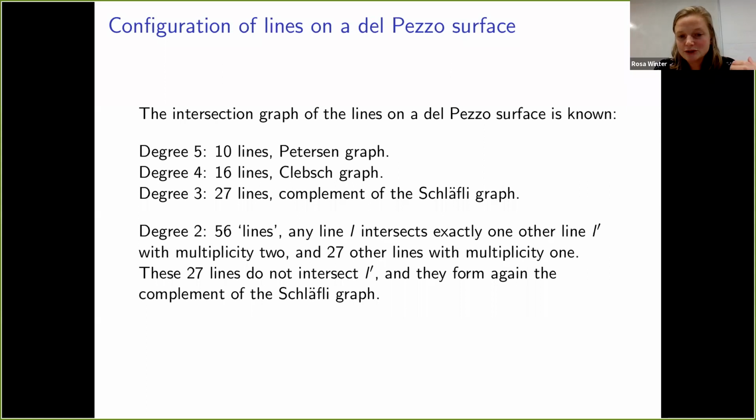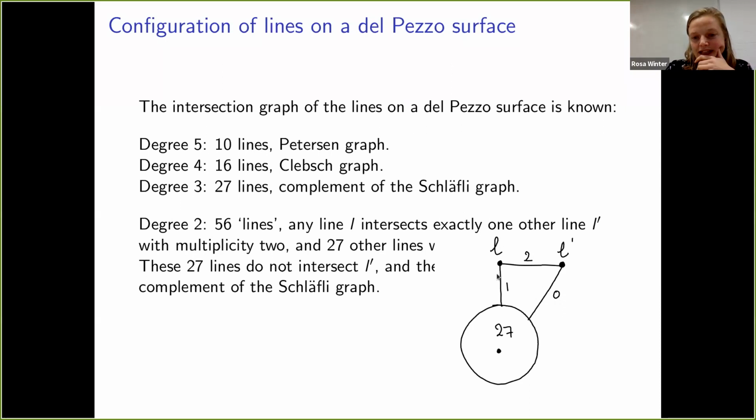These 27 do not intersect the one that it intersects with multiplicity 2. And these 27 form again the complement of the Schläfli graph. So I drew a little picture. For every line L, there's exactly one that it intersects with multiplicity 2, L prime. There are exactly 27 that it intersects with multiplicity 1, and they do not intersect L prime. And these 27 form the Schläfli graph.